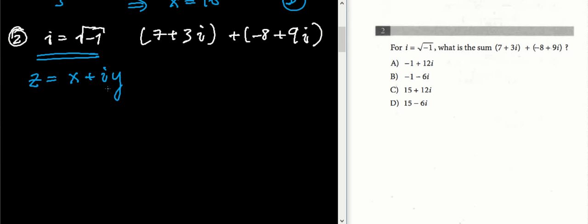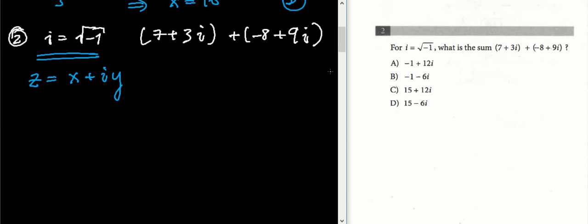But the way that you can think about manipulating these numbers is similar to how you would manipulate an algebraic expression, where you have, let's say, something like 7 plus 3x plus negative 8 plus 9x. Here, the approach you would take would be to combine like terms. And it's very similar for what we would do in this case.